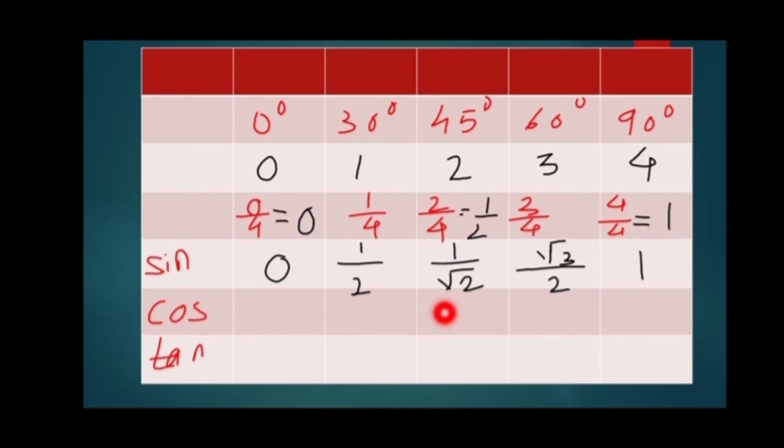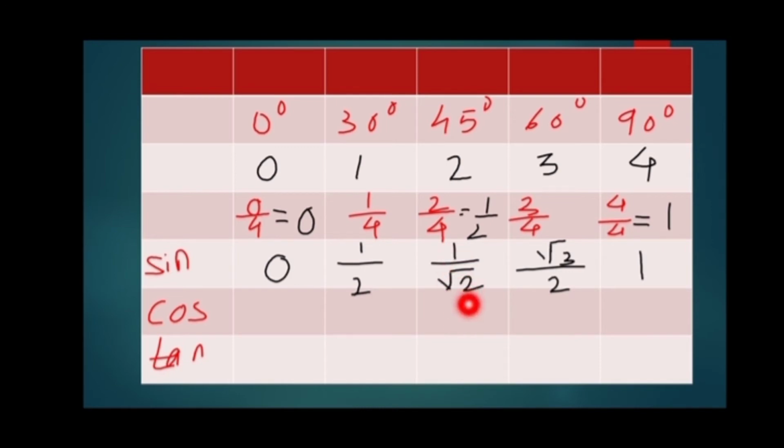To get the values for cos, just a very simple trick: whatever values of sine are there, write all these values in reverse order. Sine 90's value will go to cos 0, sine 60's value will go to cos 30, and sine 45 and cos 45 will have the same value.